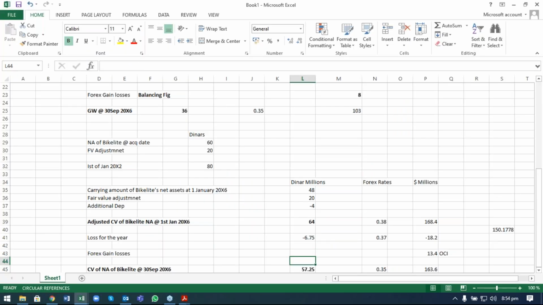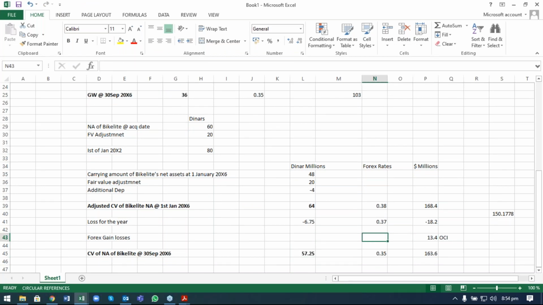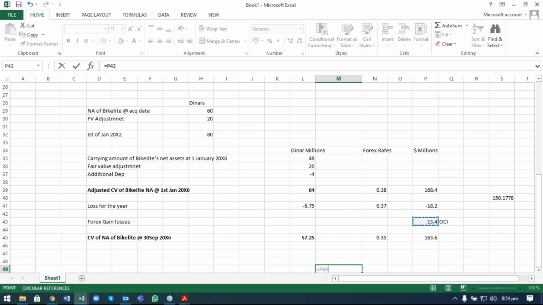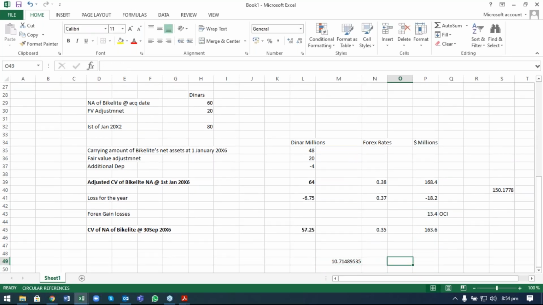So these are the total foreign exchange gains or losses that should arise on the translation of net assets. So you have to bifurcate it between parent and NCI. Parent constitutes 80% of these foreign exchange gains, which totals this value, and NCI constitutes 20% of these foreign exchange gains. So these are attributable to NCI, and these foreign exchange gains should be attributable to, what's the parent company name?